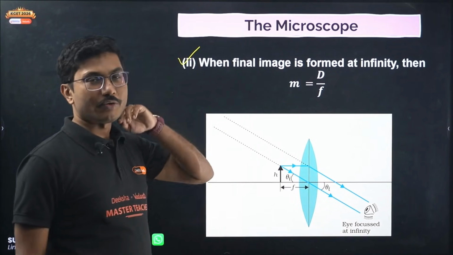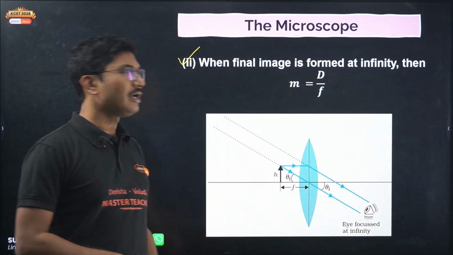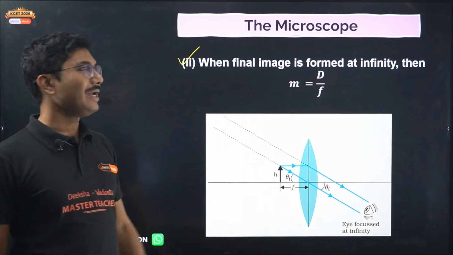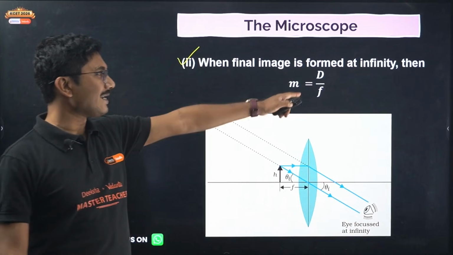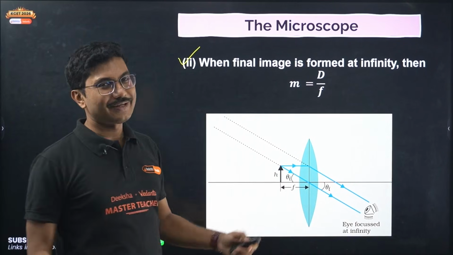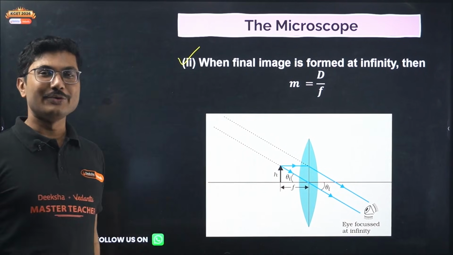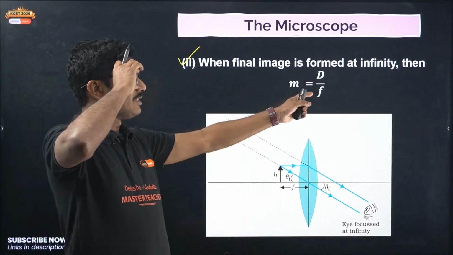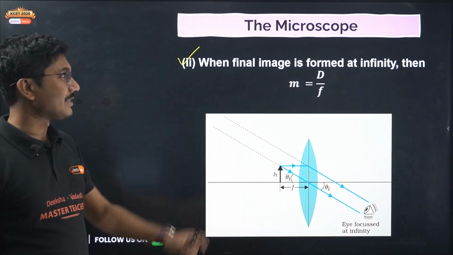The final image forms very far away, and you see a magnified image. Even though the magnification is not infinite, it is given by the distance of distinct vision divided by f. Even if the image is very large, you will not be able to see a very large image because of the limitation of your eye, and you will see only a magnification of D by f.